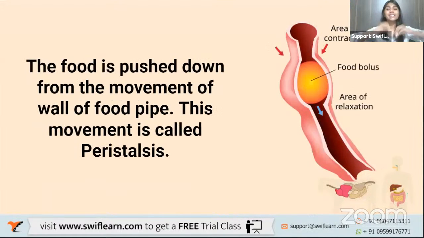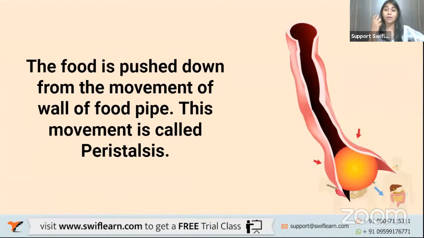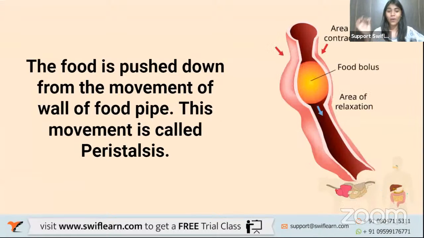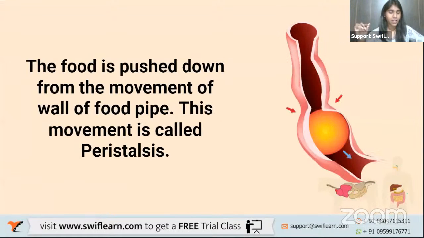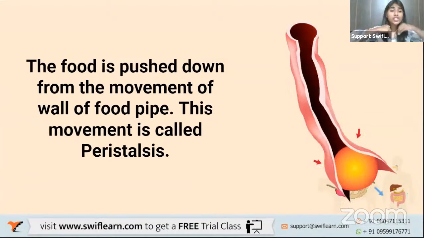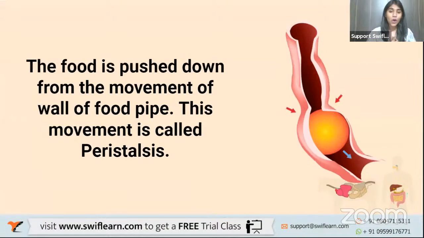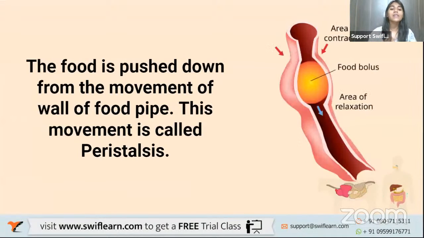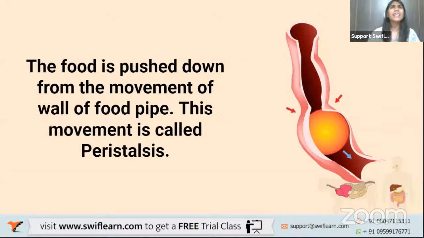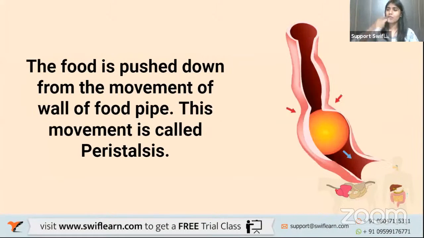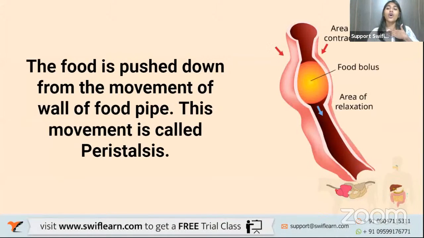The esophagus has a particular movement that pushes the food down to your stomach, and this movement is called peristalsis. So the food is pushed down by the movement of your food pipe. To observe peristalsis, you can take a glass of water and drink it, or eat something and just touch your food pipe.